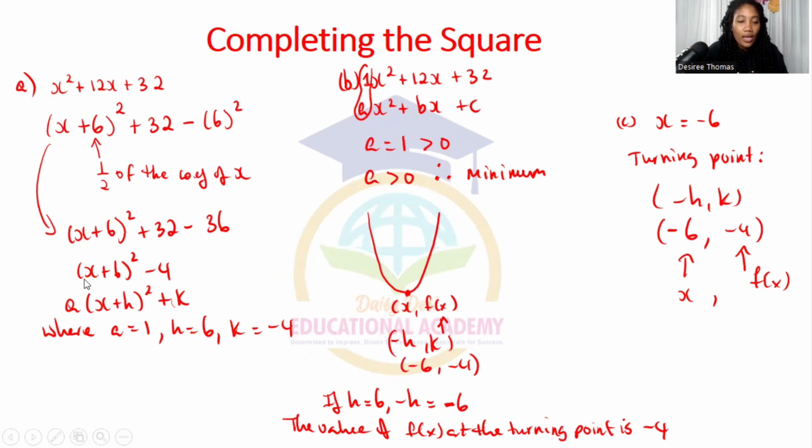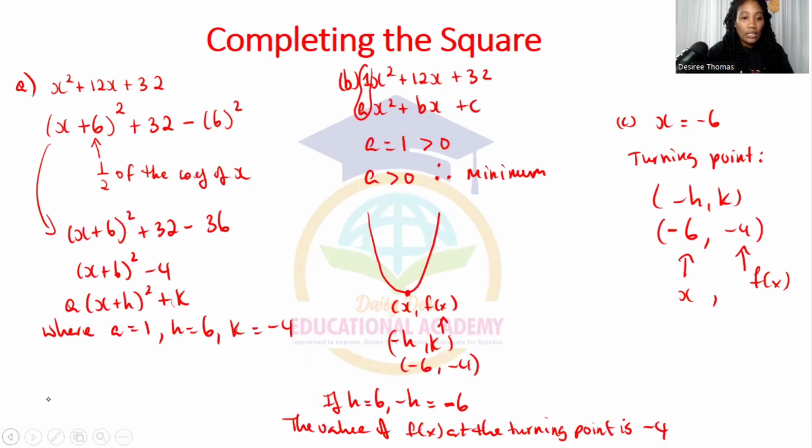So we had x plus 6 all squared take away 4. So let me just rewrite it. We started off with x squared plus 12x plus 32 equal to 0, and then we went on to complete the square of that quadratic, and we got x plus 6 squared.